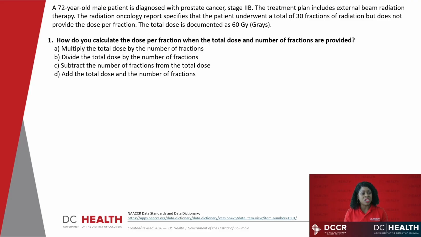How do you calculate the dose per fraction when the total dose and the number of fractions are provided? Is it A, multiply the total dose by the number of fractions, B, divide the total dose by the number of fractions, C, subtract the number of fractions from the total dose, or D, add the total dose and the number of fractions? The correct answer is B, divide the total dose by the number of fractions.